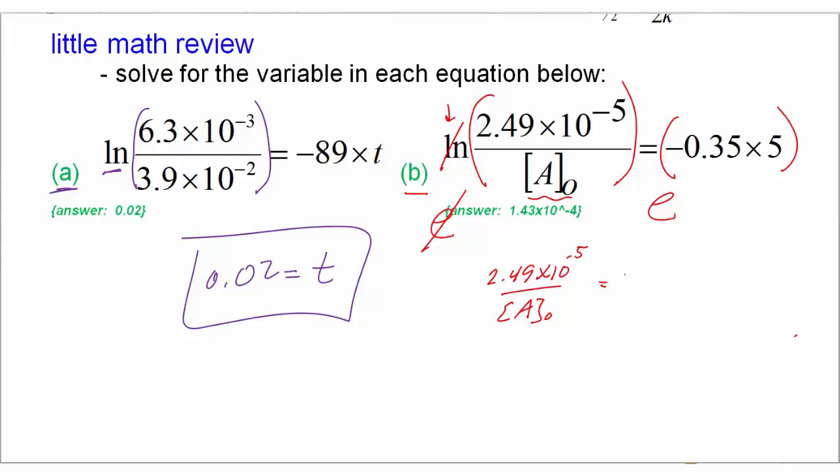I get about 0.174. Okay, now do you remember the little diagonal story? I want to solve for A0, so let's just move it to the top. Move the 0.174 to the bottom, I'll be done. So my answer is going to be 2.49 times 10 to the negative 5 divided by 0.174. You get about 1.43 times 10 to the negative 4.